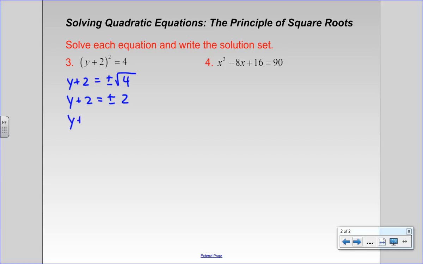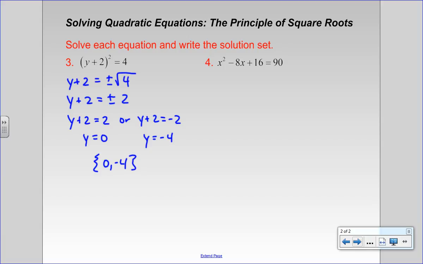We're saying that y plus 2 equals 2 or y plus 2 equals negative 2. So if we solve each of these equations, we will obtain the two solutions of the quadratic equation. Subtracting 2 on both sides, we have y equals 0 or y equals negative 4. And so those are the two solutions to this equation.